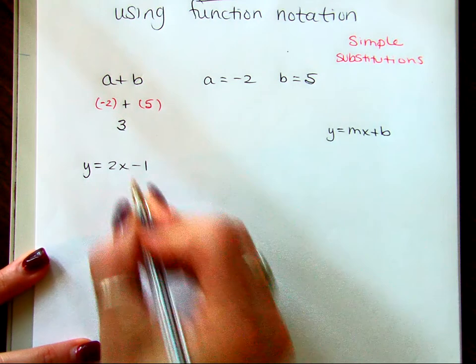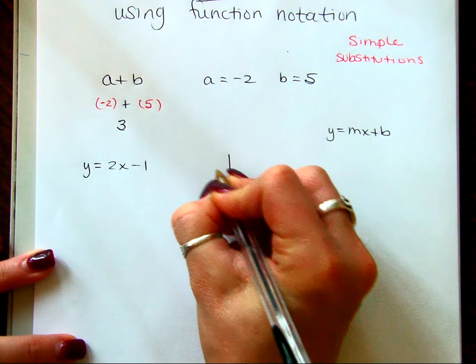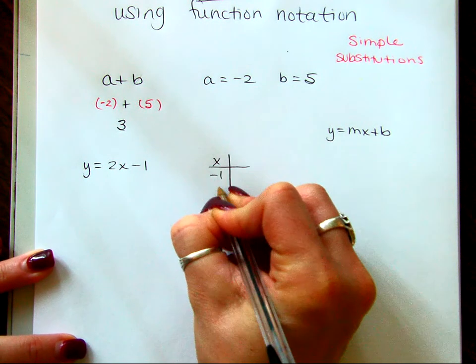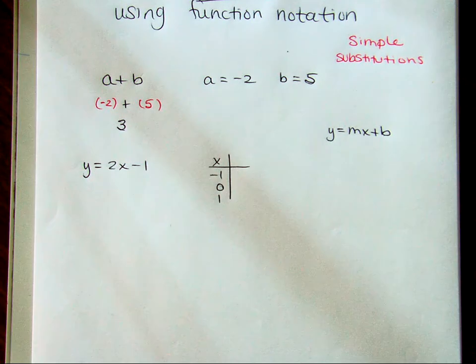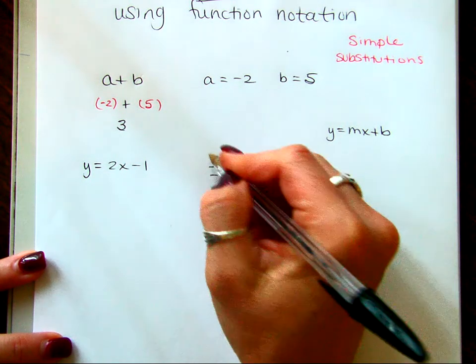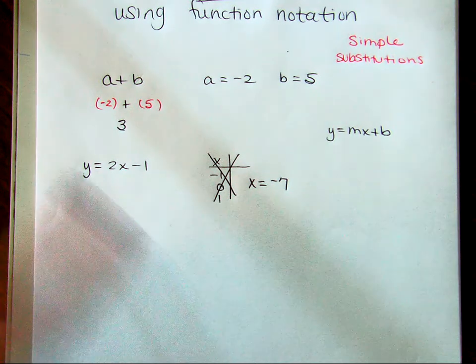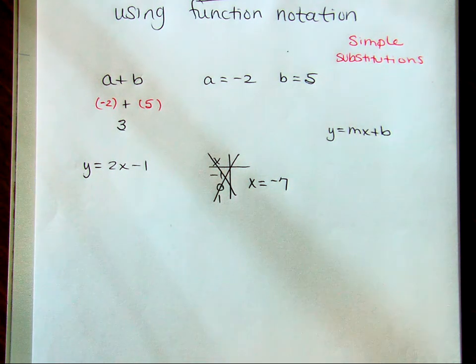So y equals 2x minus 1. And then on the last test we took, I said, here's a domain with x equals -1, 0, and 1. I'm not doing that now. We're done with that, okay? But I am going to say to you, if x equals -7, what would the y value that partners with that x value be, right? So you've done this.